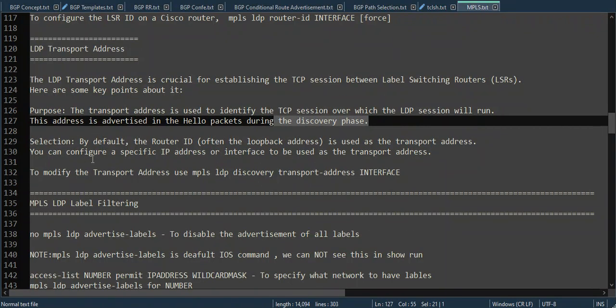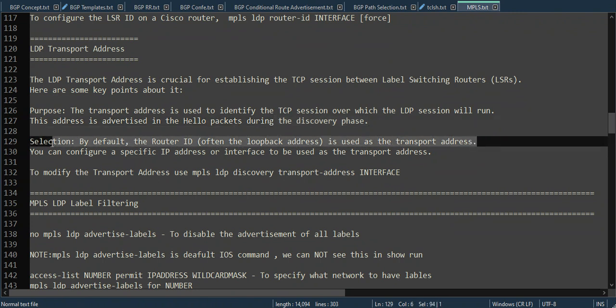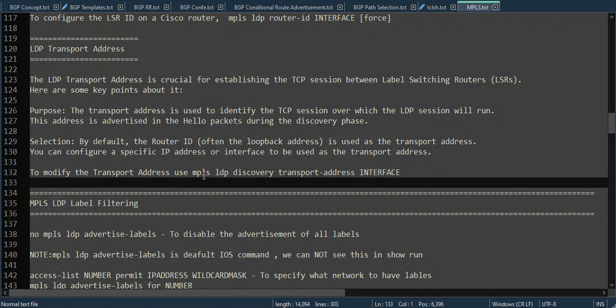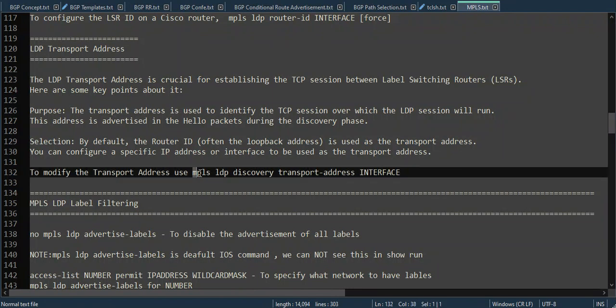The other one is selection. By default, the router ID, often the loopback address, is used as the transport address. And you can configure a specific IP address or interface to be used as the transport address. We can modify our transport address by this command: MPLS LDP discovery transport-address interface.